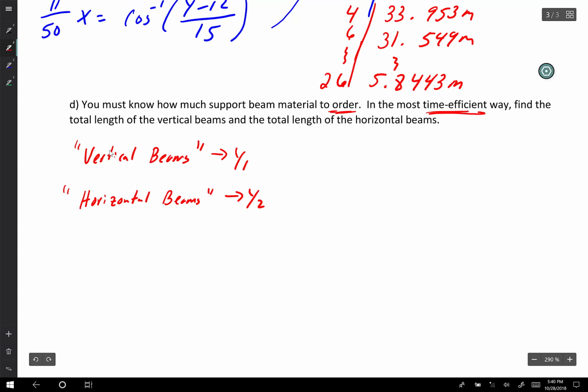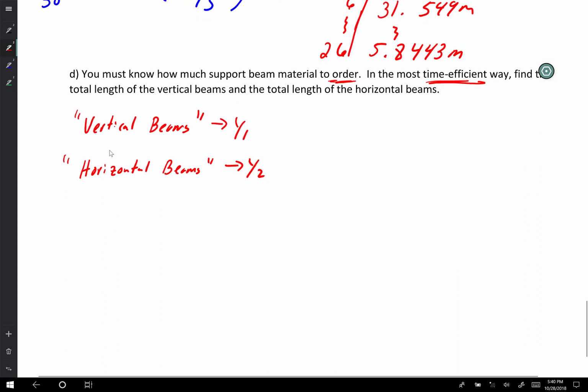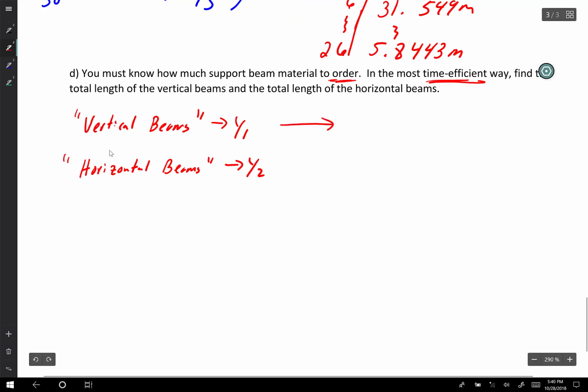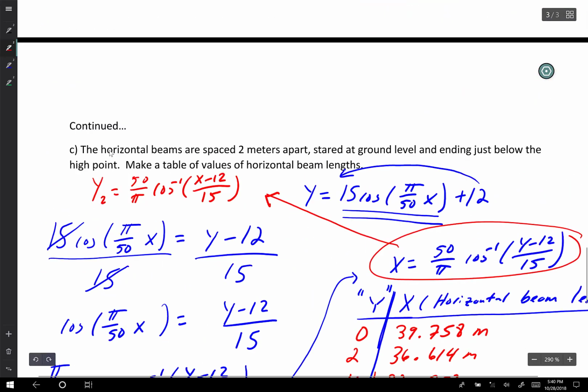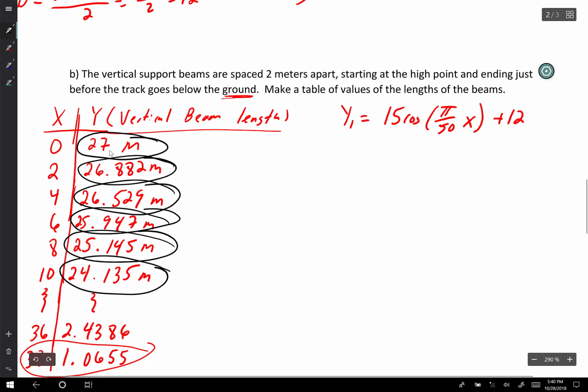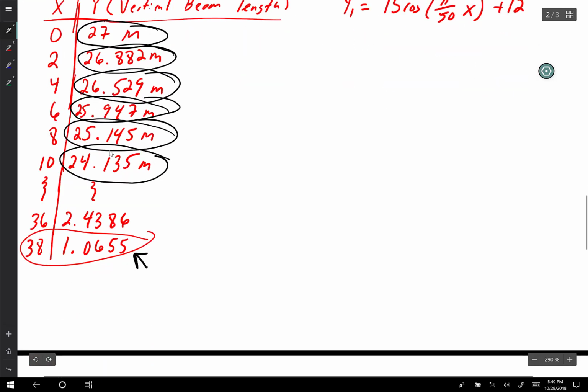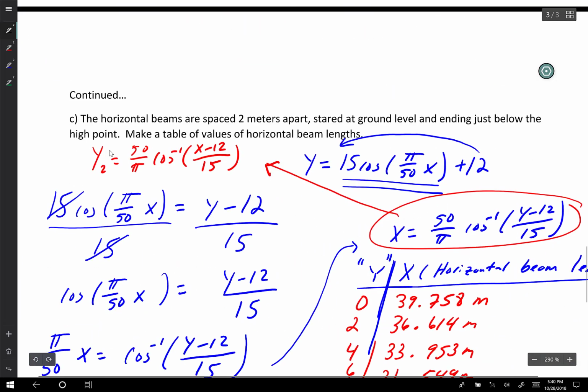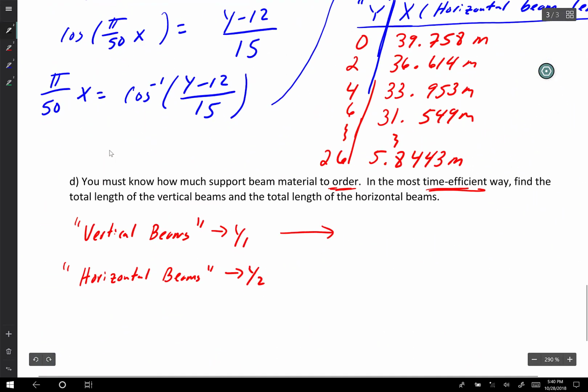So to make life easy for you, and I don't have a TI-84 with me here, all you're going to be doing is summing them up. You can either choose to sum them up one at a time: 27 plus 26.82 plus 26.529 plus 25.947 plus 25.145 and keep going all the way until you get 38. But that's not going to be time efficient. See, it says time efficient.